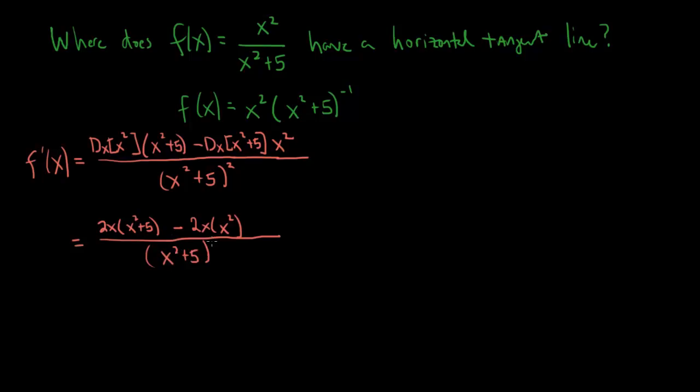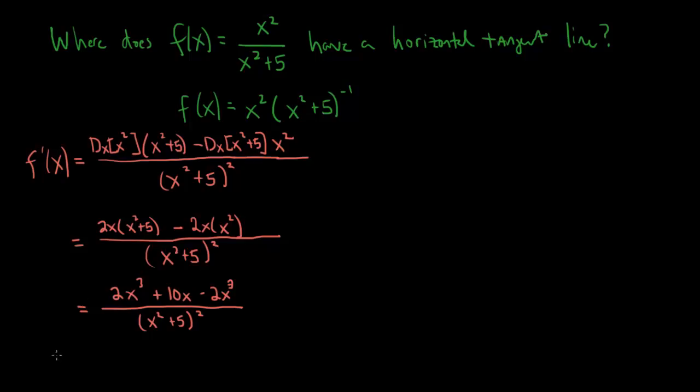Let's do a little bit of simplification. Let's look at the numerator. So if we expand and then collect like terms, we will have, let's see, 2x cubed plus 10x minus 2x cubed.